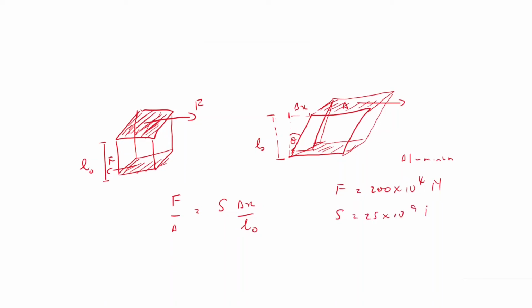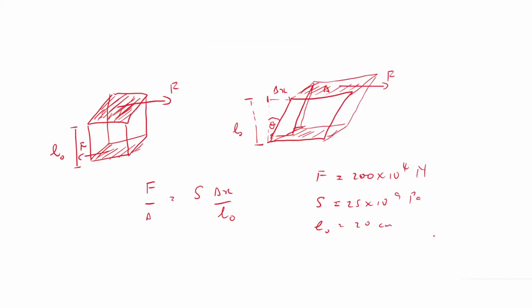Again, you can get these values from any textbook. Normally you'll be given these values when you're writing a test. Sometimes it depends on who's lecturing you and what they prefer. And then let's say it has an initial length of 20 centimeters. So I'm just giving everything values. What I want you to find is the lateral displacement, which is change in x.